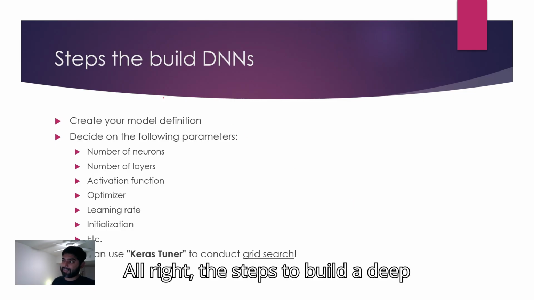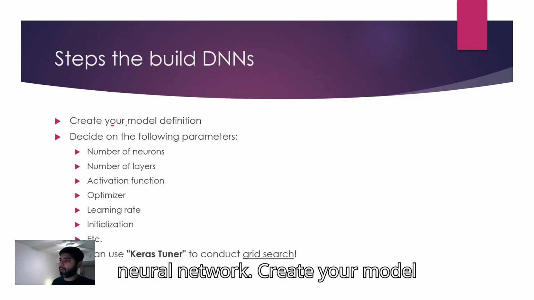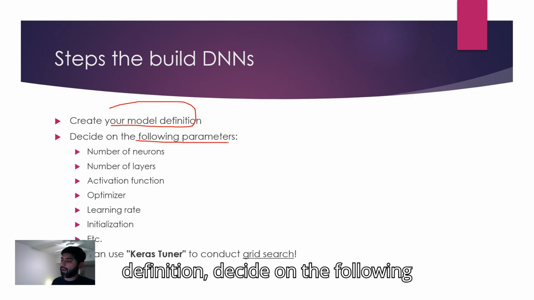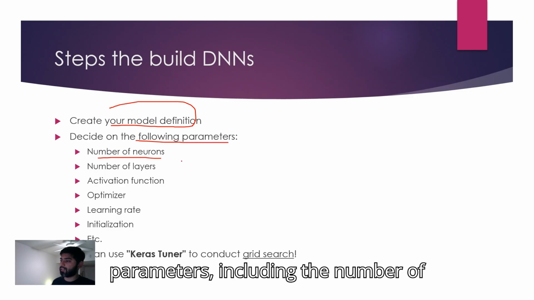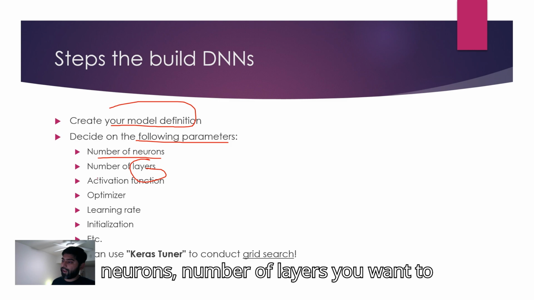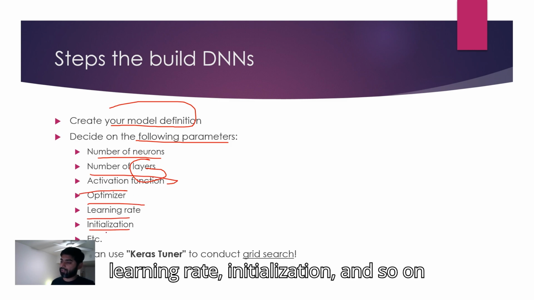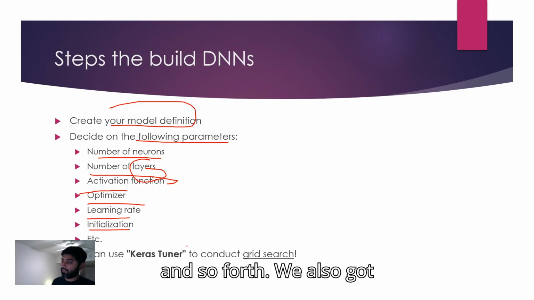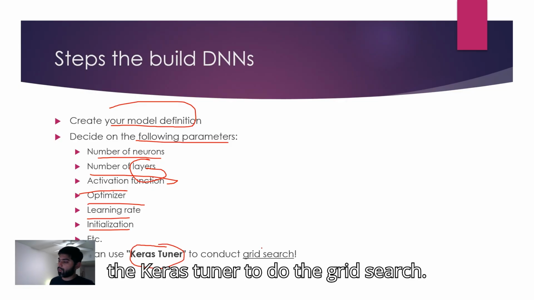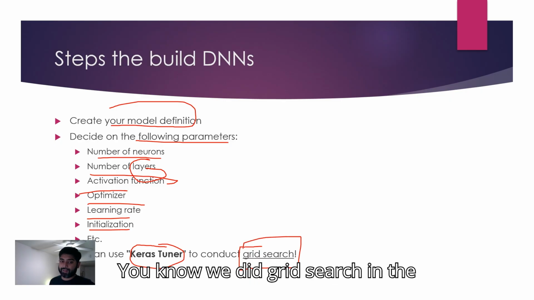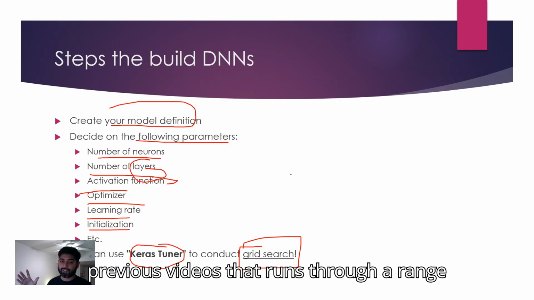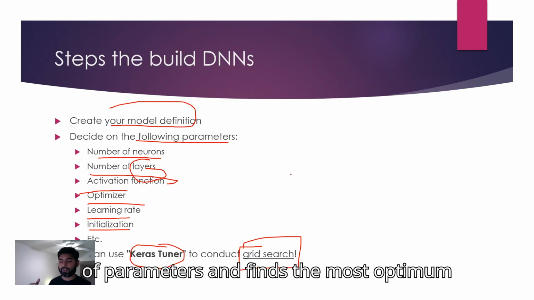All right. The steps to build a deep neural network: create your model definition, decide on the following parameters, including the number of neurons, number of layers you want to add, activation function, optimizer, learning rate, initialization, and so on and so forth. We also got the Keras tuner to do the grid search. We did grid search in the previous videos that runs through a range of parameters and finds the most optimum parameters.